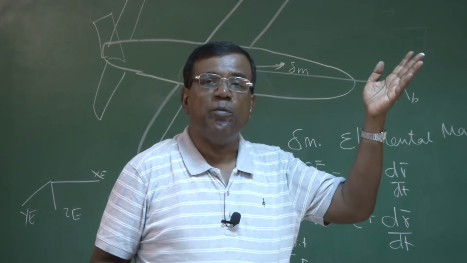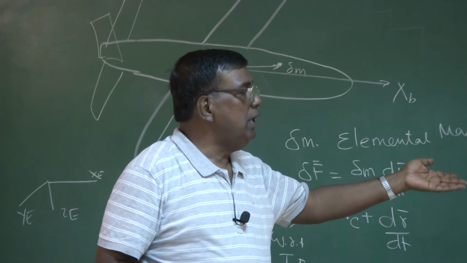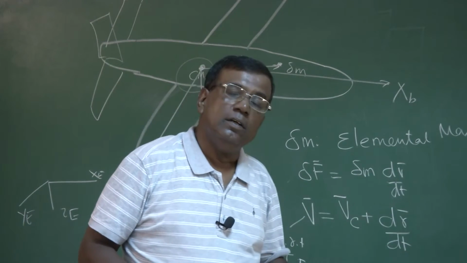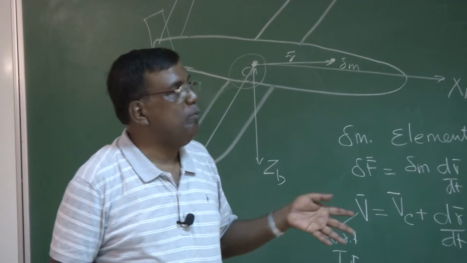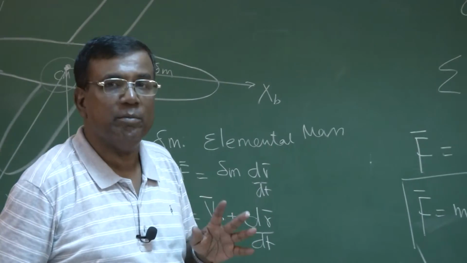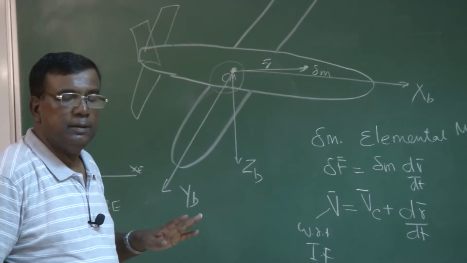Then solve it like a point mass, and you will get the acceleration because of the external force F. So we will come back to that understanding of point mass. That is the beauty of this analysis, right?